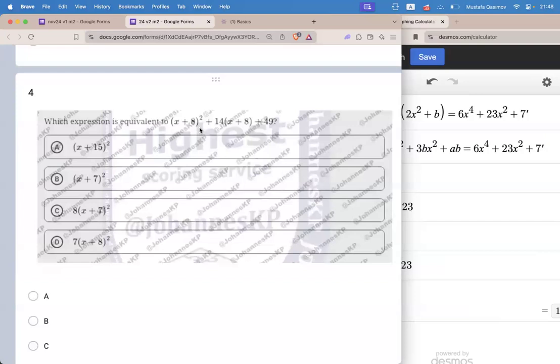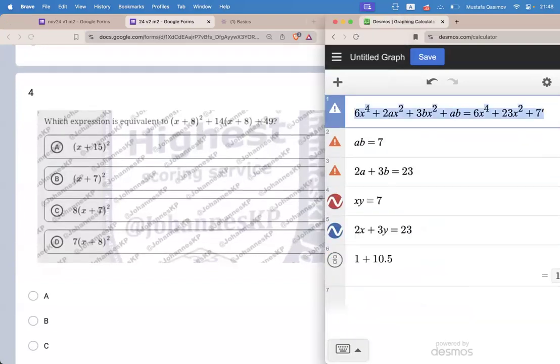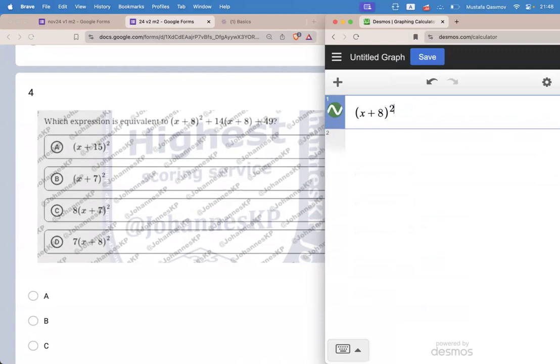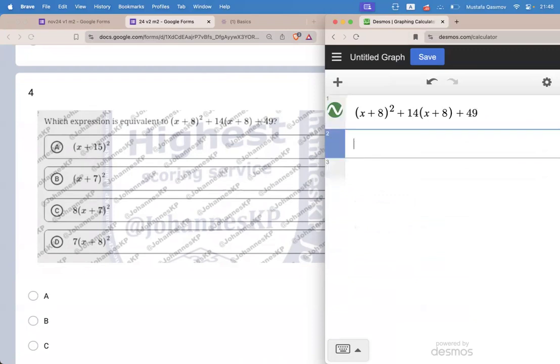You have to think of it like this. You can also give a number instead of x, then you can get the answer. Or you can think of it like this: a square plus 2ab plus b square, right?